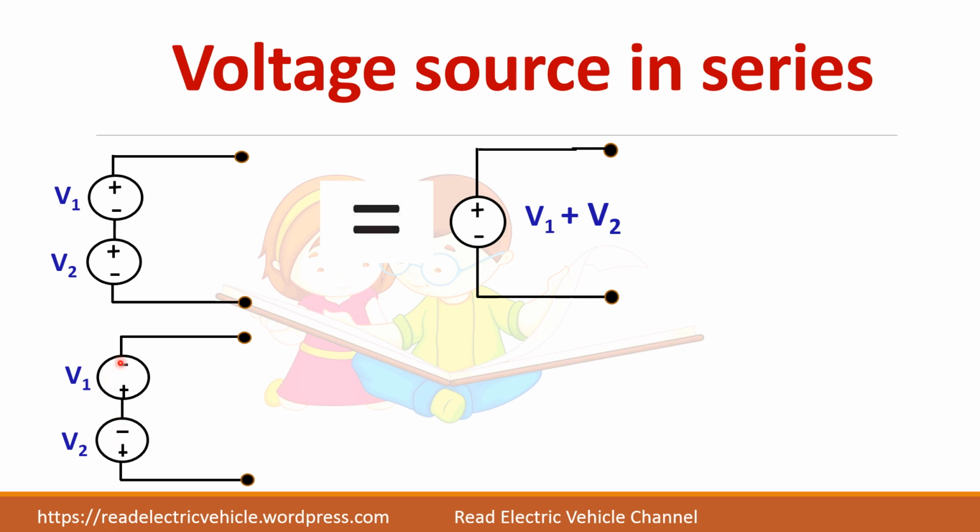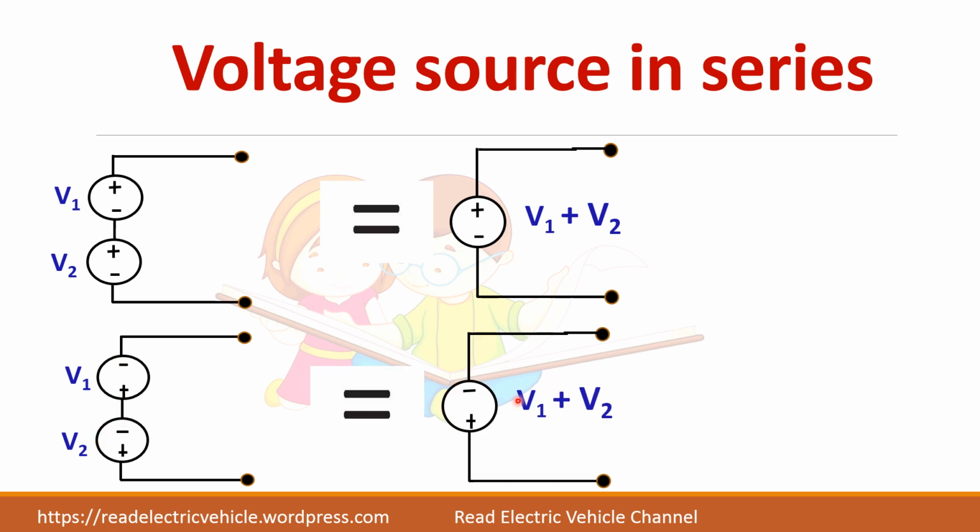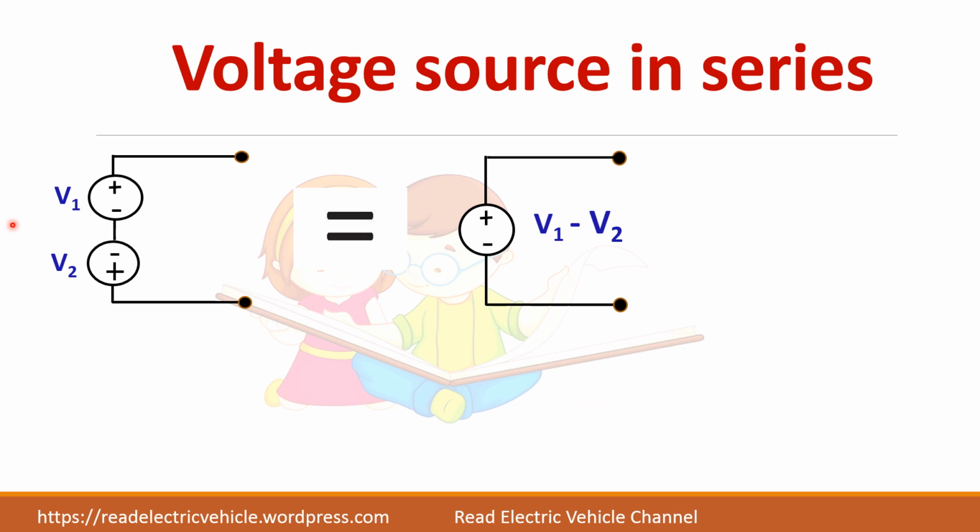Similarly, you see the polarity here. Two voltage sources are in series, but you see the polarity. So the net one is the same polarity you have to maintain here. Voltage gets added, but polarity will be minus plus. Suppose one polarity is plus minus and next polarity is minus plus.